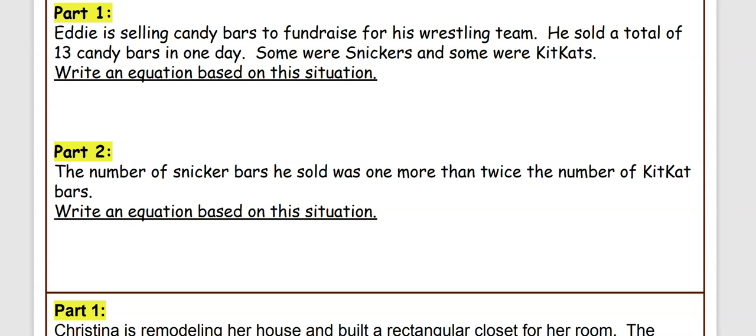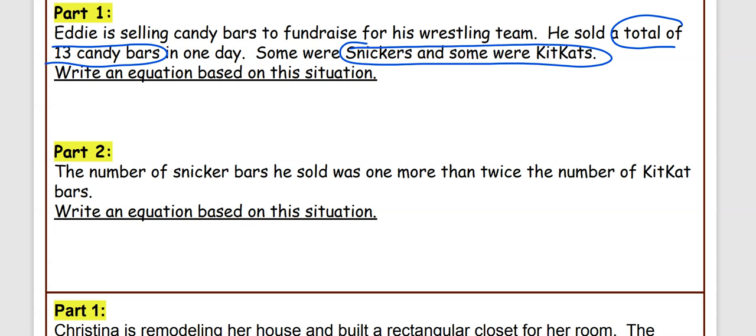No math in there, so really no information that we could pull out. The second sentence, though, does tell me he sold a total of 13 candy bars in one day. So that's important. We're going to have total of 13 candy bars. And then it says some were Snickers and some were Kit Kats. So Snickers and Kit Kats.